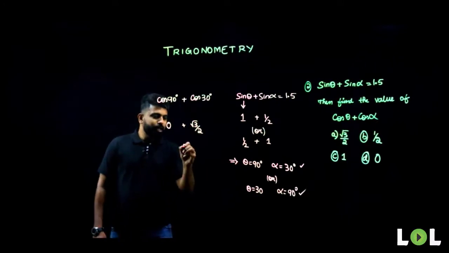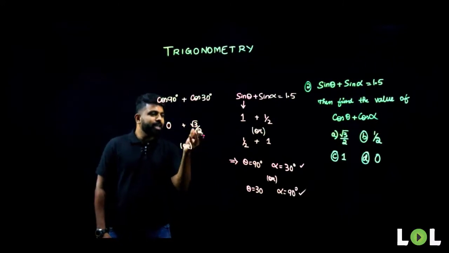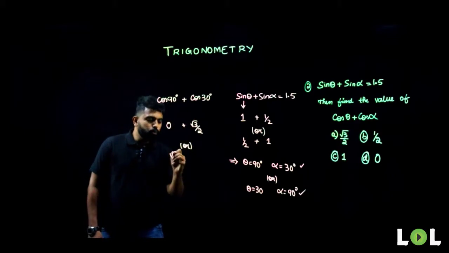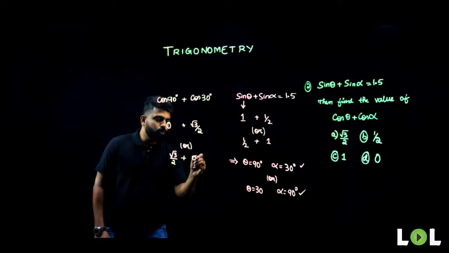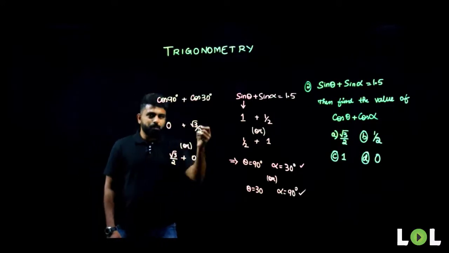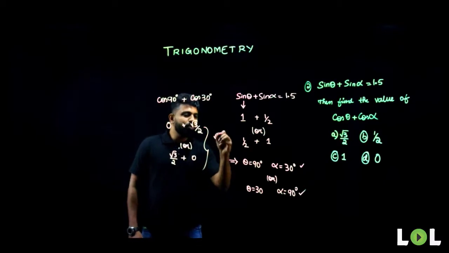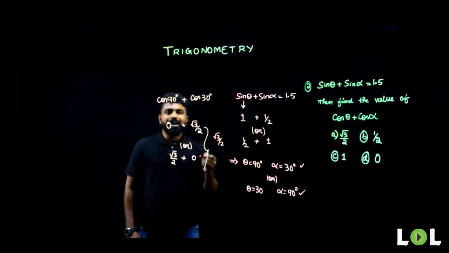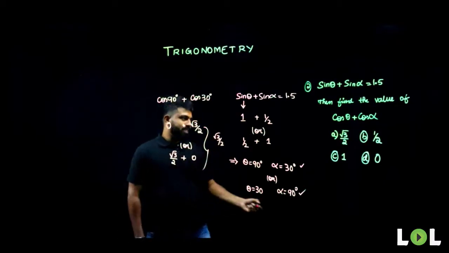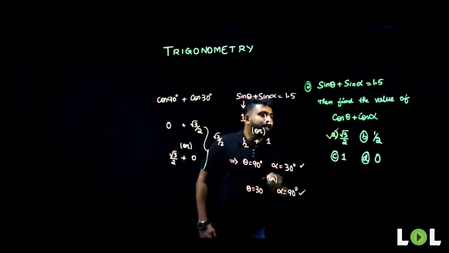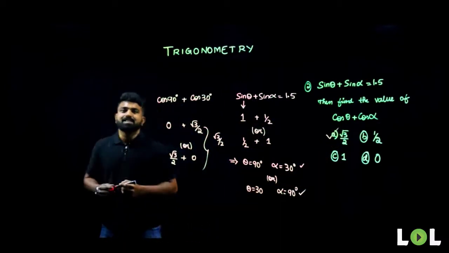Similarly, for my second condition, it will just interchange. It will be root 3 by 2 plus 0. So what will be my final answer in both the conditions? Cos theta plus cos alpha will be equal to root 3 by 2. Do we have that in our options? Yes. Option A, root 3 by 2 will be my final answer.